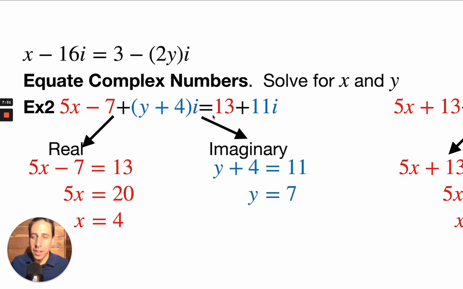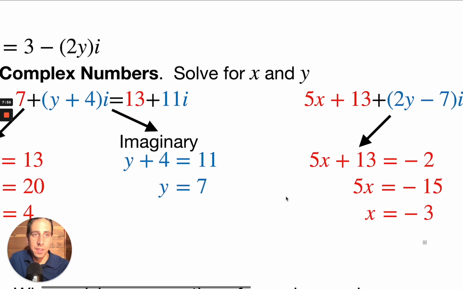So 5x minus 7 is the real part over here, equals 13. Equate the real parts and equate the imaginary parts and just solve like it's algebra 1. Notice when I write the imaginary parts, you don't need to write the i. Whatever y is, when you add 4 to it, it's got to be the same as 11. So y plus 4 is equal to 11, or y equals 7.